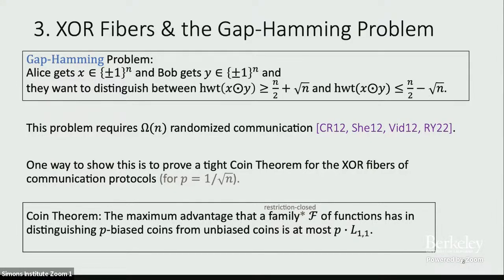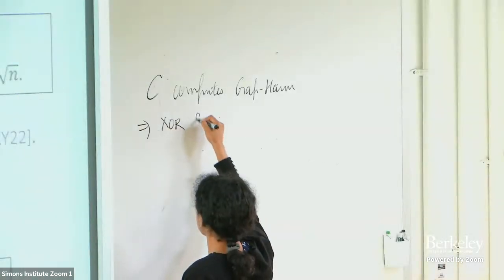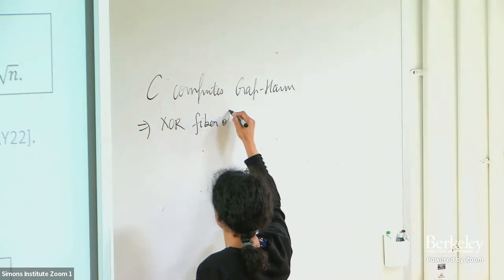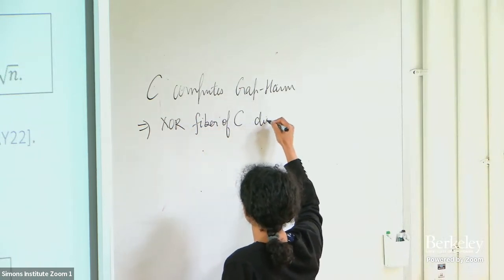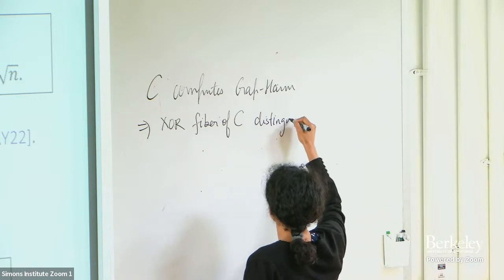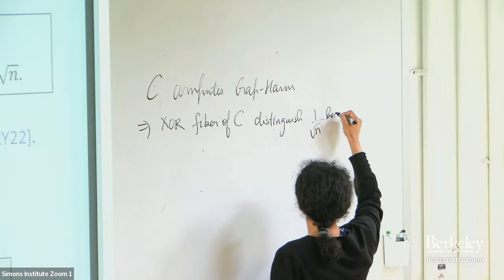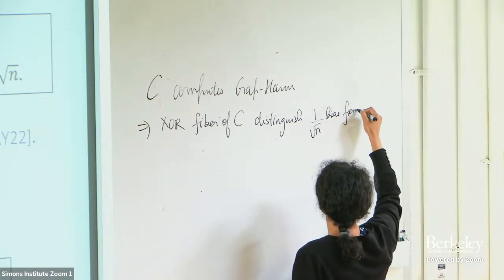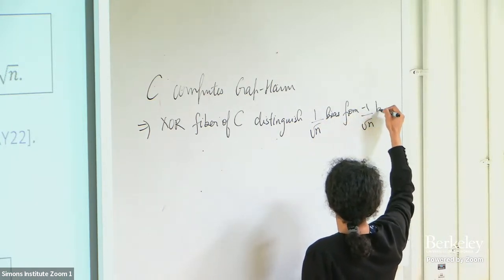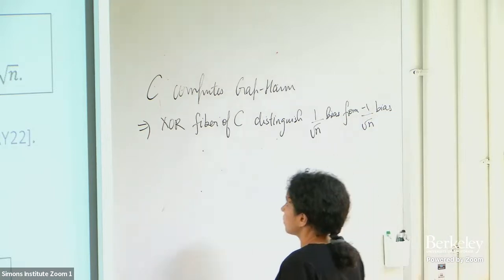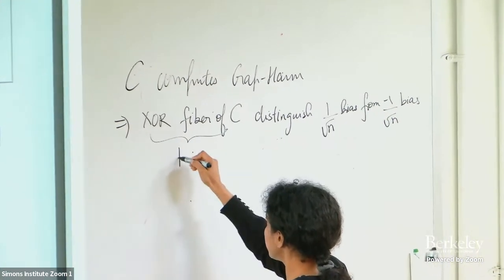If you have a communication protocol that computes the gap Hamming, then the XOR fiber of this protocol can distinguish between biased coins and unbiased coins, where this bias is 1 over square root n. Let me call this XOR fiber H.